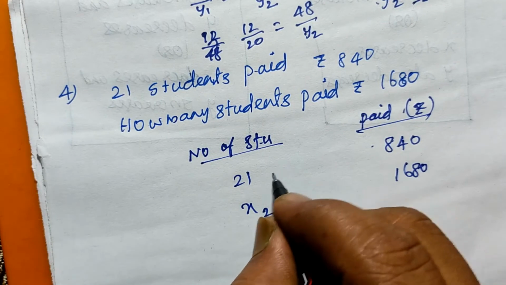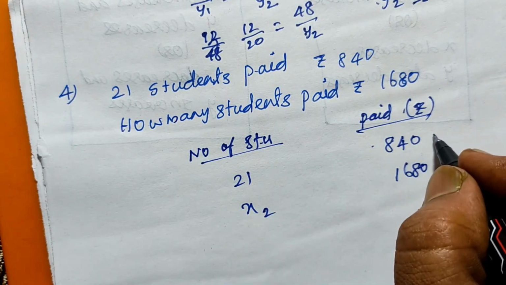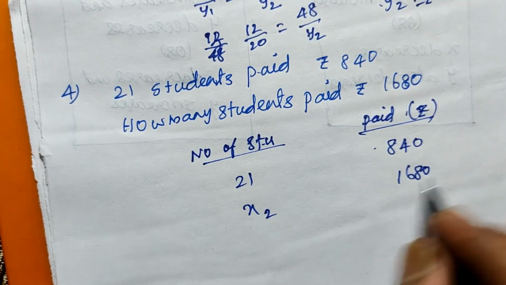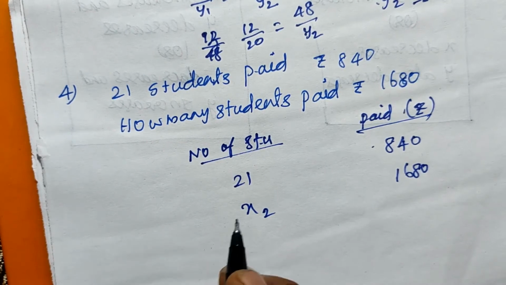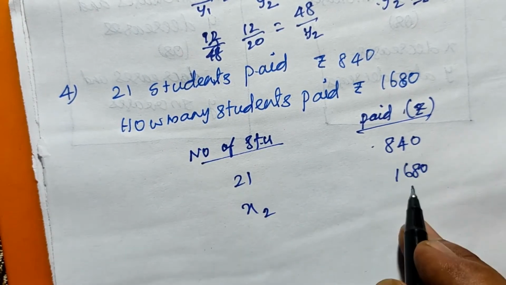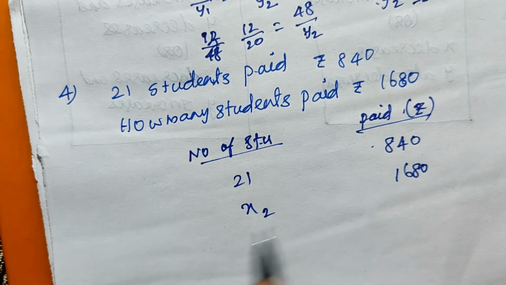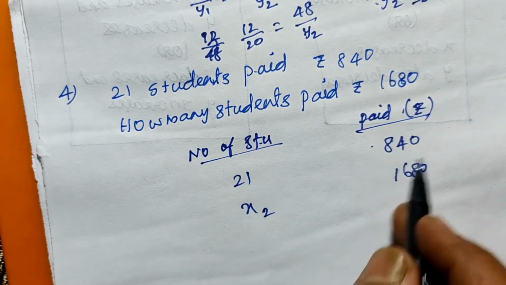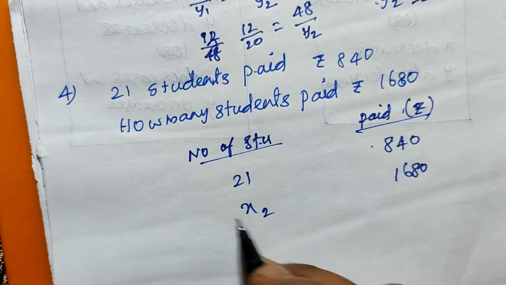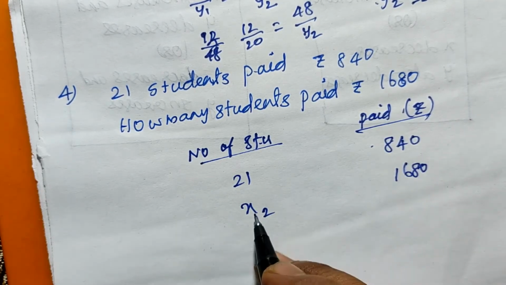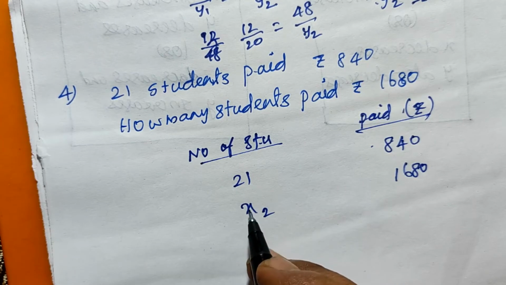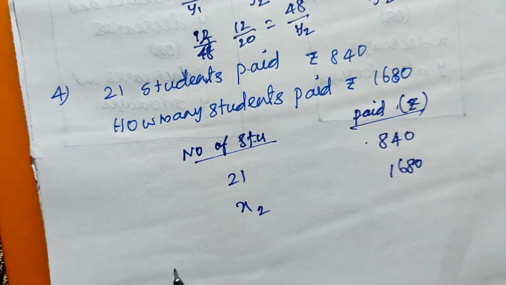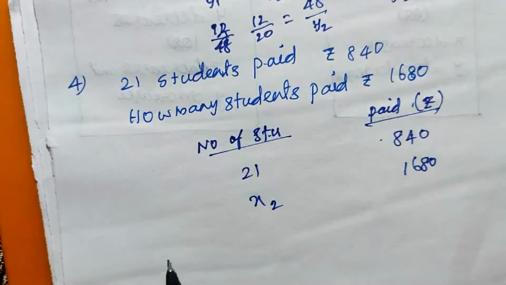So that is x1, y1, x2, y2, right? What is that? Amount increases, number of students also increases. இங்க பாருங்க 21 ஸ்டூடண்ட்டுக்கு 840 rupees and then அப்போ இங்க amount increase ஆயிருக்கு. அப்போ கண்டிப்பா இந்த இடத்துல என்ன ஆயிருக்கும்? Students also increased here, right? So what is that?